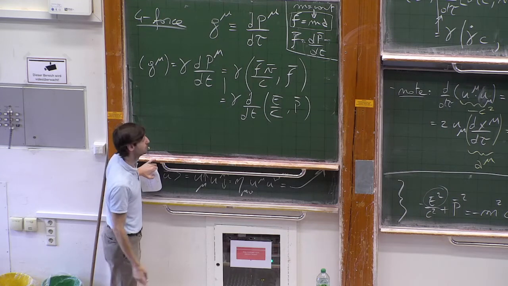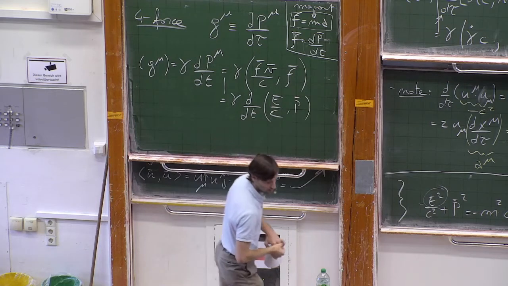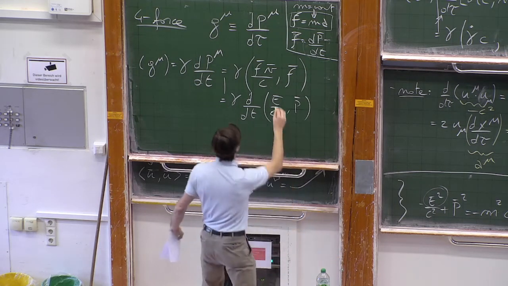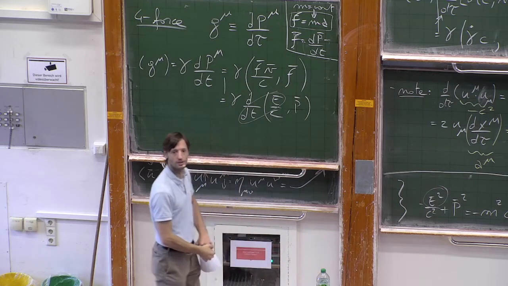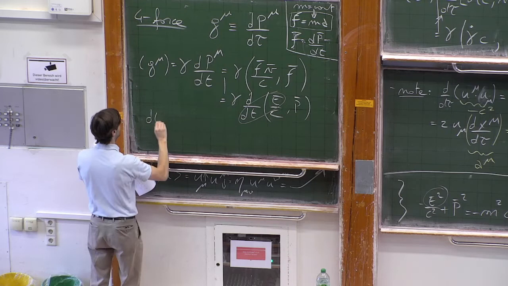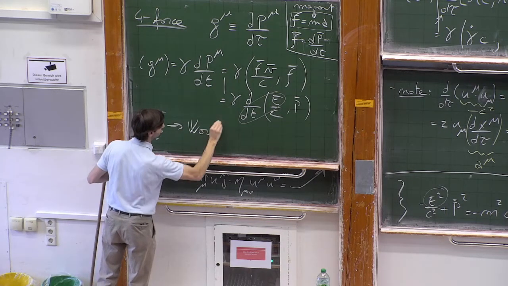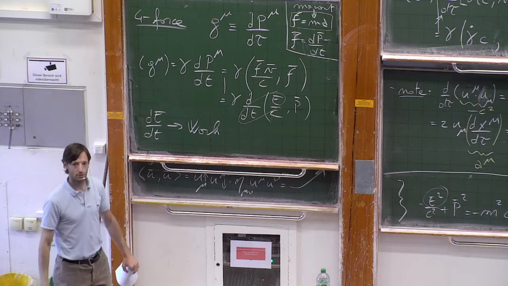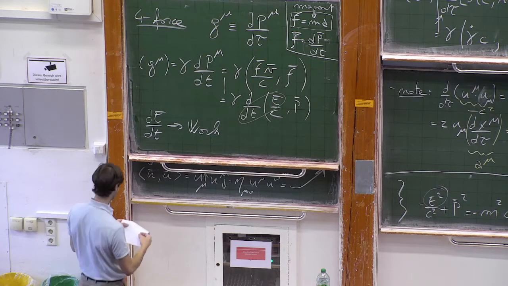No, it's more, because it's also containing the energy of the particle. It's containing dE over dt. What's that? This is work. So it contains the work. It's expressing the work.